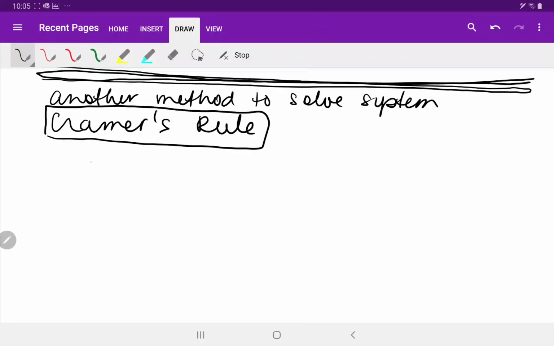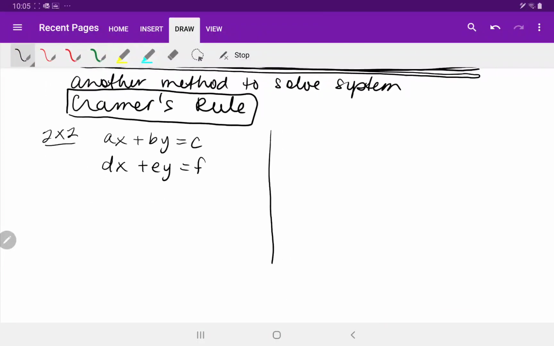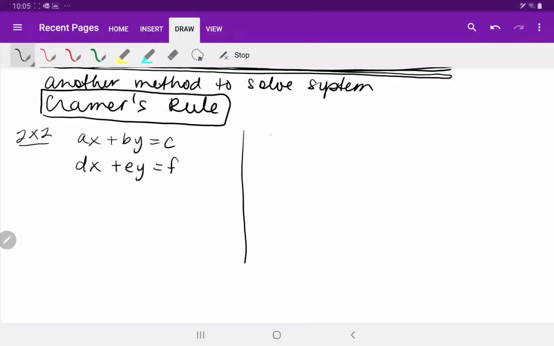Okay, so let me give you the way to do it. So ax plus by equals c, and dx plus ey equals f. This is the 2x2 version. And then there's a 3x3 version as well.